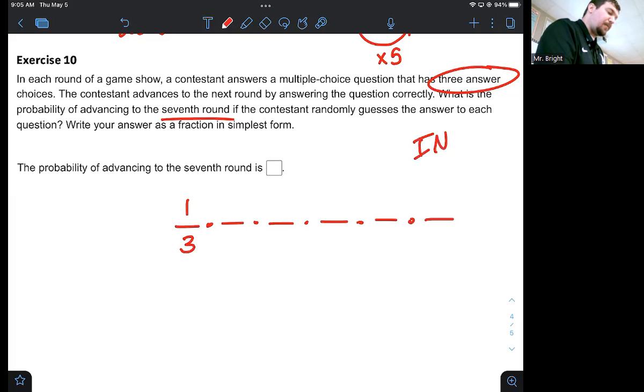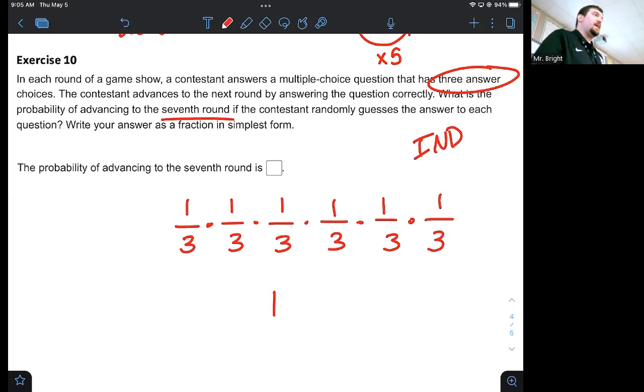In fact, the probability of getting the second question right is also 1/3, and 1/3 and then 1/3 and 1/3 and 1/3. So I know on top I'm getting a 1. If you don't want to do 3 times 3 times 3 times 3 times 3 times 3, you could just do 3 to the 6th power. I showed you yesterday how to do that. 3 to the 6th power is what? That's right. So you'll have a 1 out of 729 chance.